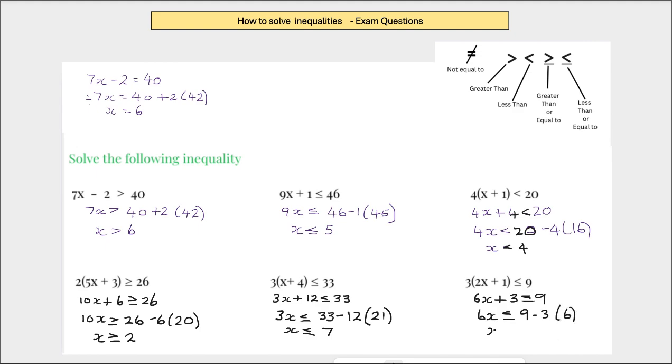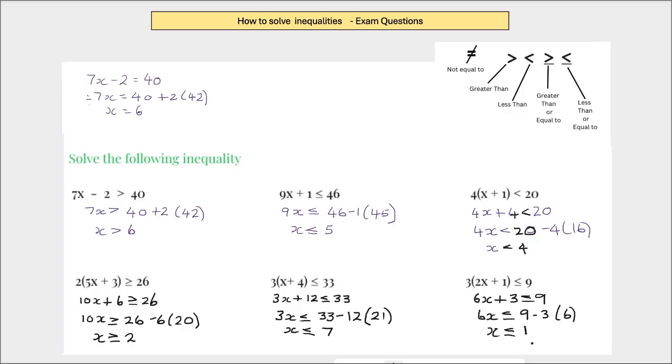And we divide by 6, which gives our answer of 1. So x is less than or equal to 1. And that's it. That's how you solve inequalities. Doesn't really get much harder than that when it comes to algebra style questions.